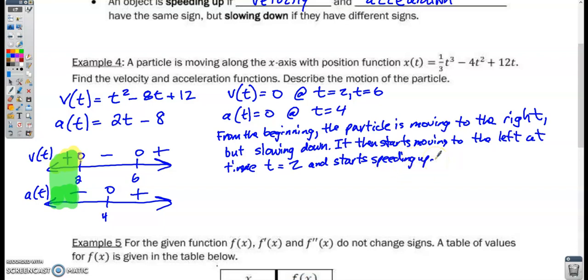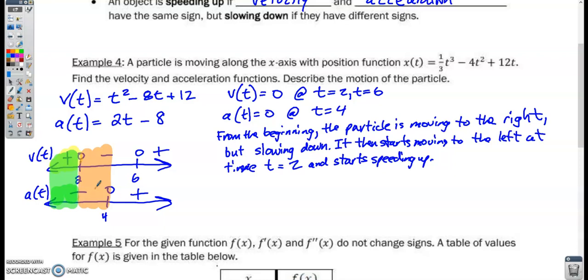Again, it's moving to the right, or pardon me, to the left at t equals 2, because the velocity changes over to negative, and the acceleration is also negative. Since the velocity and acceleration signs are both negative there, that's indicative of the particle speeding up. So moving left because velocity is negative, speeding up because these signs are the same.